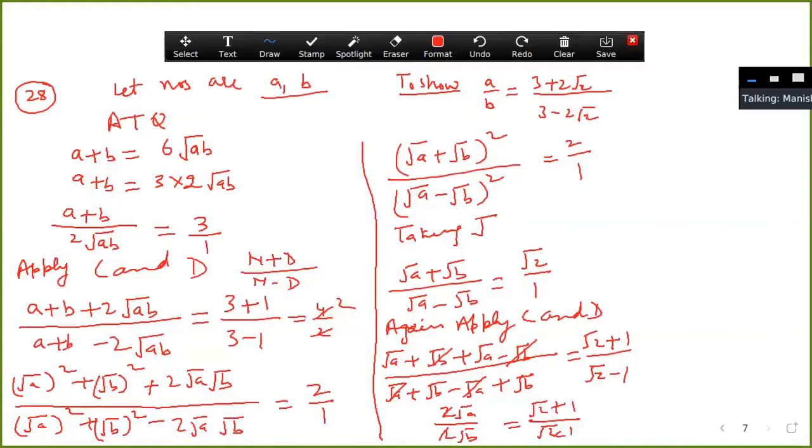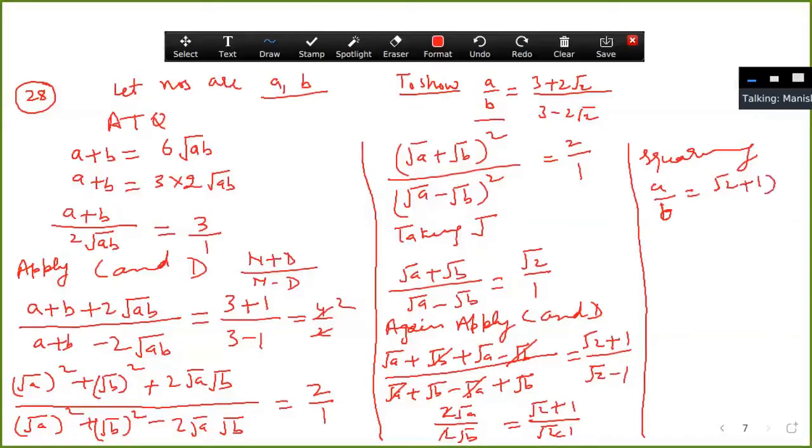But the requirement is a upon b. It means still it is left. You have to square both sides now. Squaring both sides, root a upon root b becomes a upon b, and on the right, root 2 plus 1 whole square upon root 2 minus 1 whole square.